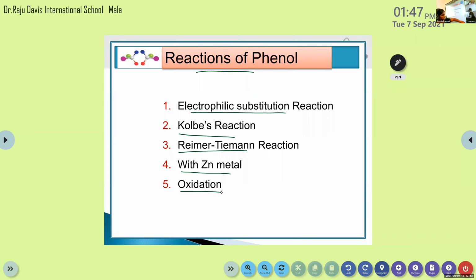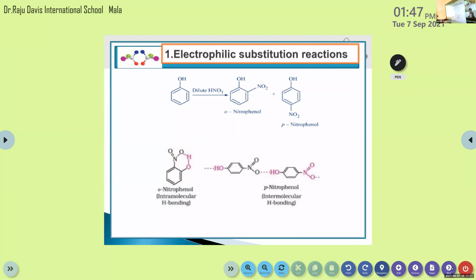So we are going to start with electrophilic substitution reaction, and we are starting with nitration. There are different types of electrophilic substitution reaction: nitration, halogenation, sulfonation, etc. In this portion, you can learn nitration and halogenation. So first one is nitration.